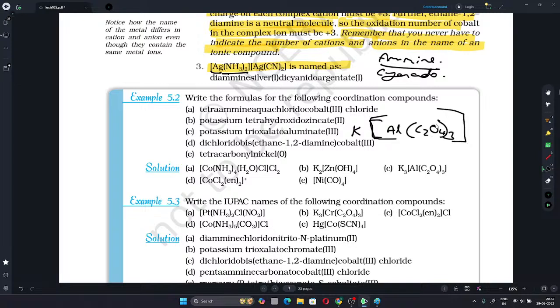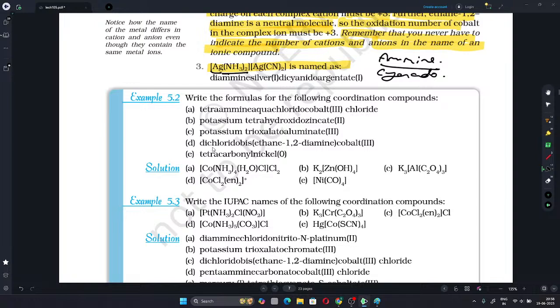This is the formula, K3Al(C2O4)3. Since the complex has a -3 charge, potassium is +3, and we call aluminium aluminate.